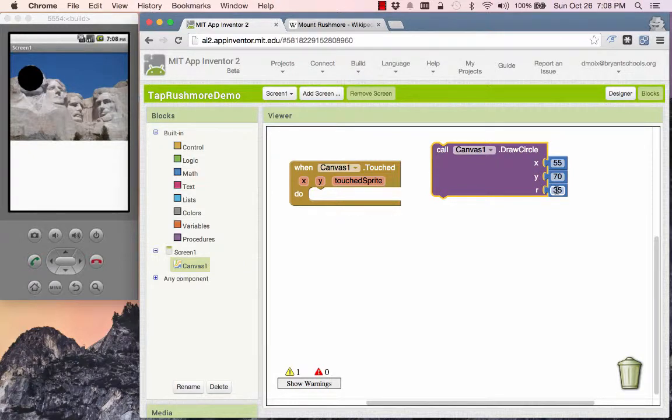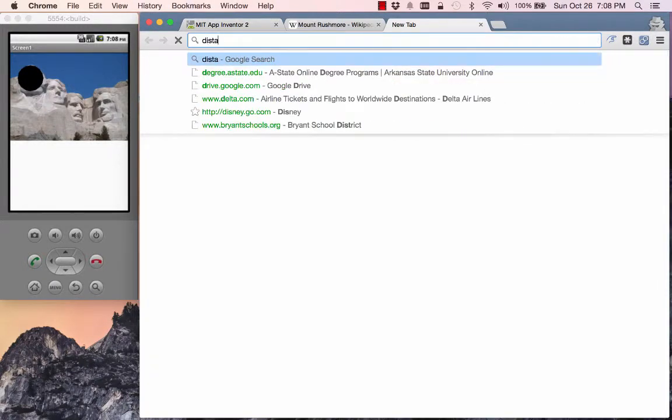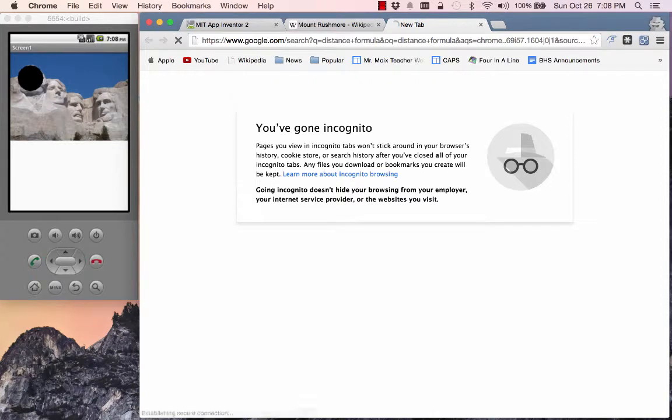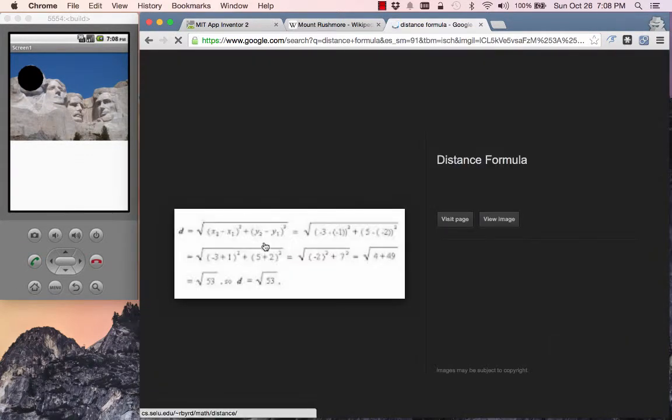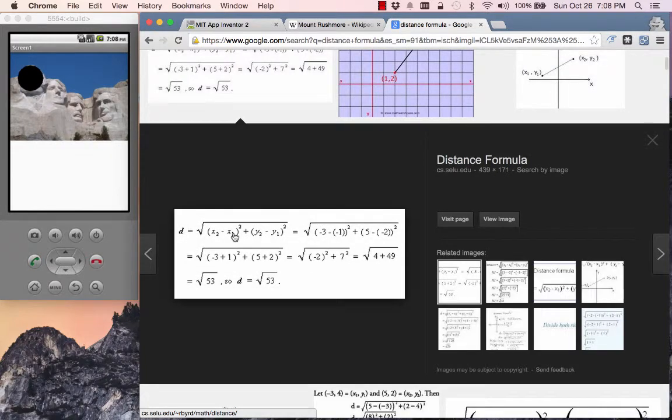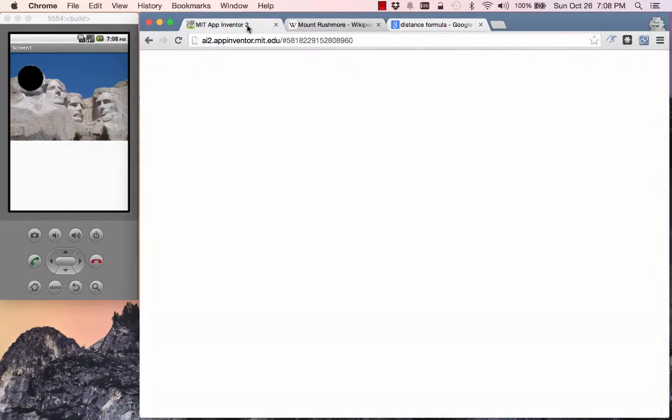But do you remember the distance formula? I'm old, so I don't remember the distance formula, but I can look it up. And there's one right there. Distance is the square root of x minus x squared plus y minus y squared.